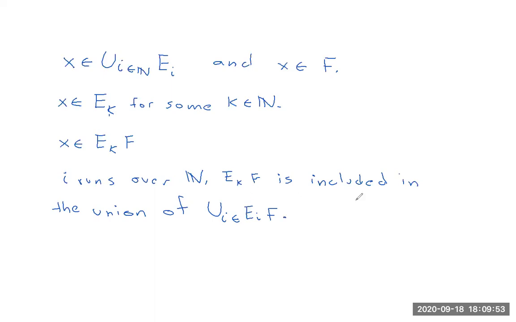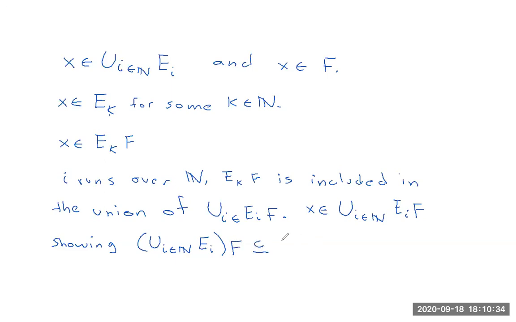Then we can say that x is an element of the union of the intersection of the E_i's and F. So this last line here then shows that the left side is a subset of the union of the intersection of events.